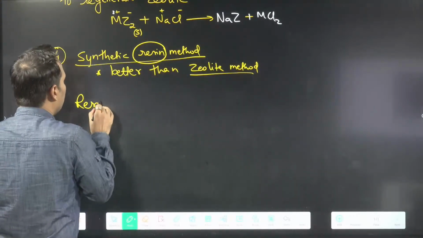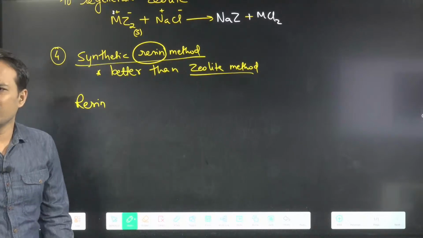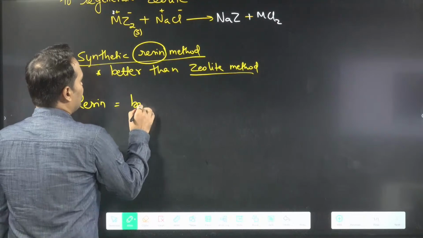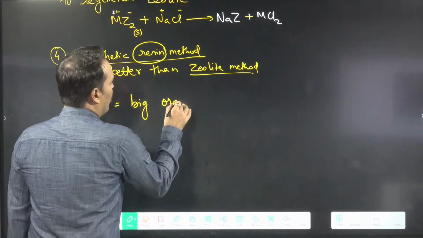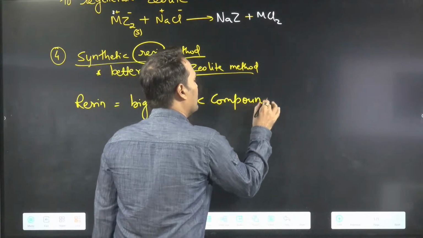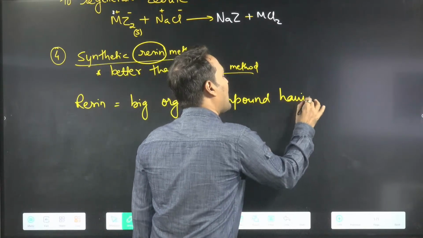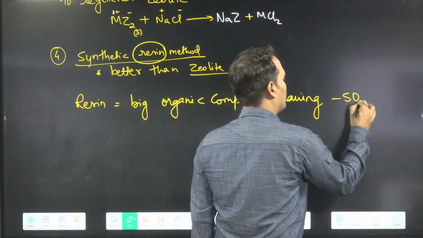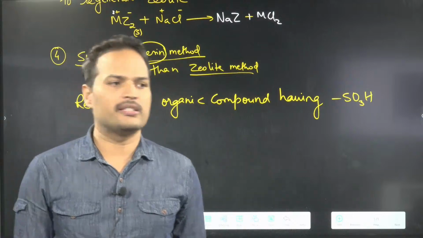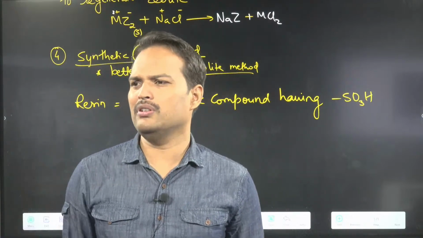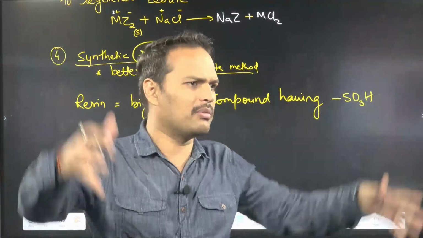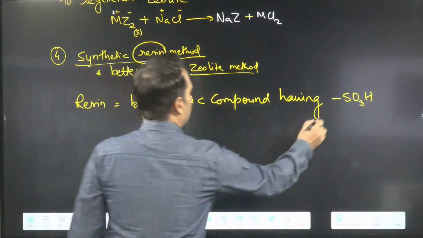Resin is nothing else but a big organic compound having SO3H group. Don't get confused. Big organic compound only. Many carbon atoms. Carbon with SO3H group.